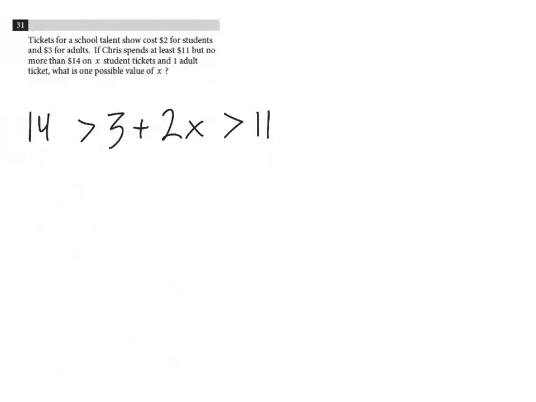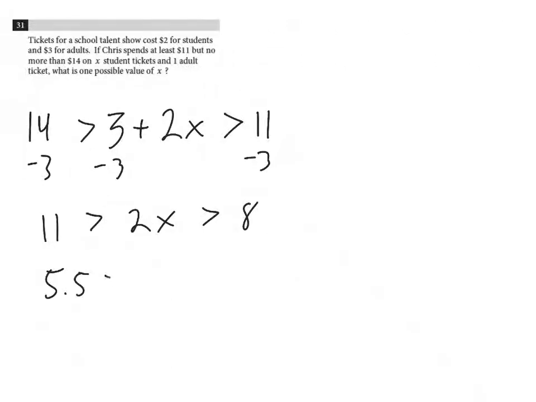Okay, so I'm going to subtract 3 through, so minus 3, minus 3, minus 3. I get 11 is greater than 2x, which is greater than 8. Okay, divide everything by 2, and I will get 5.5 is greater than the number of student tickets, which is greater than 4.